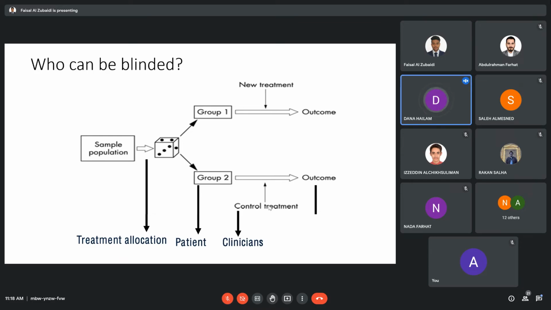Who's analyzing the information? Yeah, exactly, the analyst. The analyst who deals with the data should be blinded, so he does not seek any changes or tilt his way of analyzing the data to find an outcome supporting his argument.